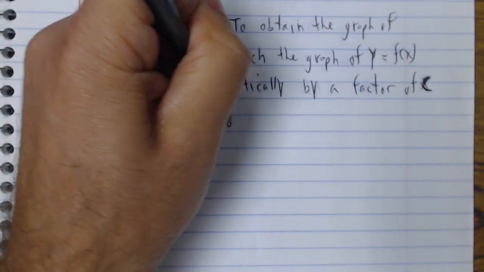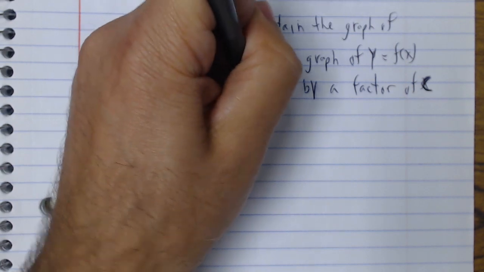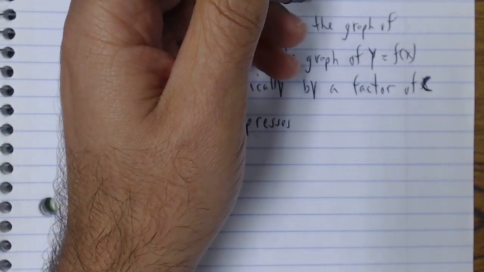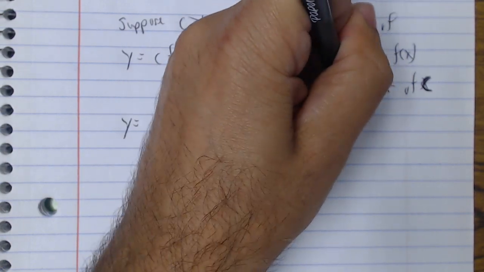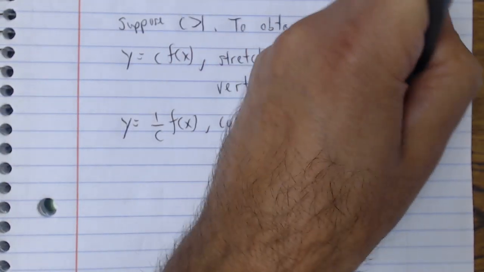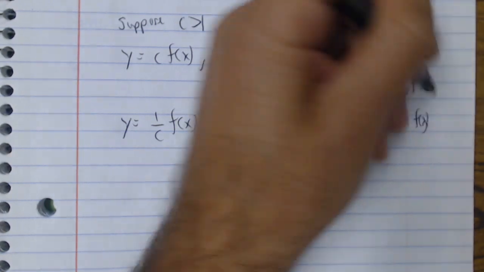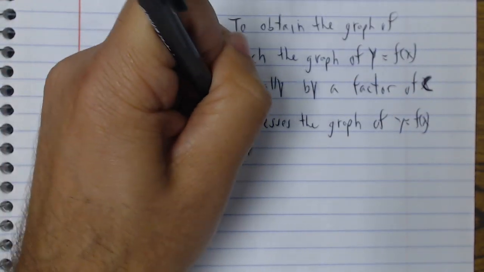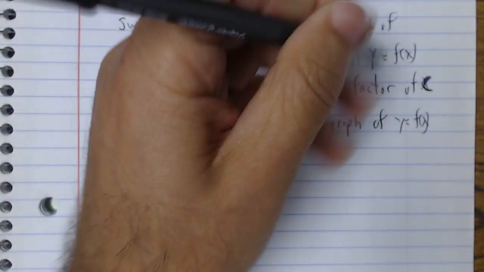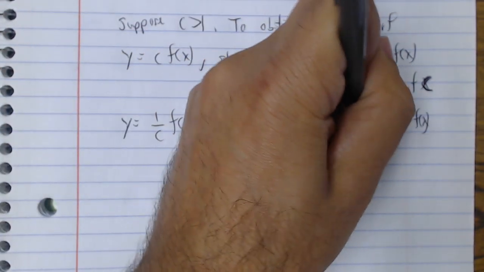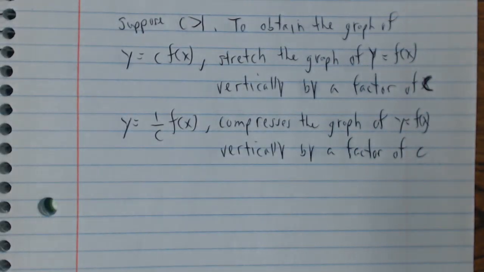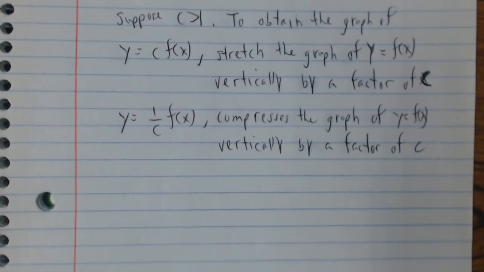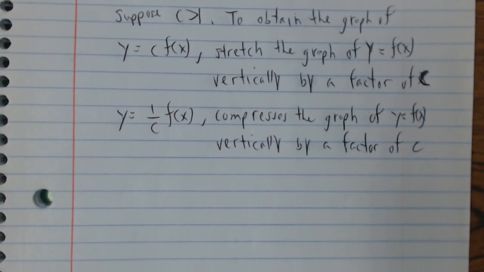So this compresses the graph of y equals f of x vertically by a factor of c. Okay, so we're basically dividing the y values by that number c, making them smaller.